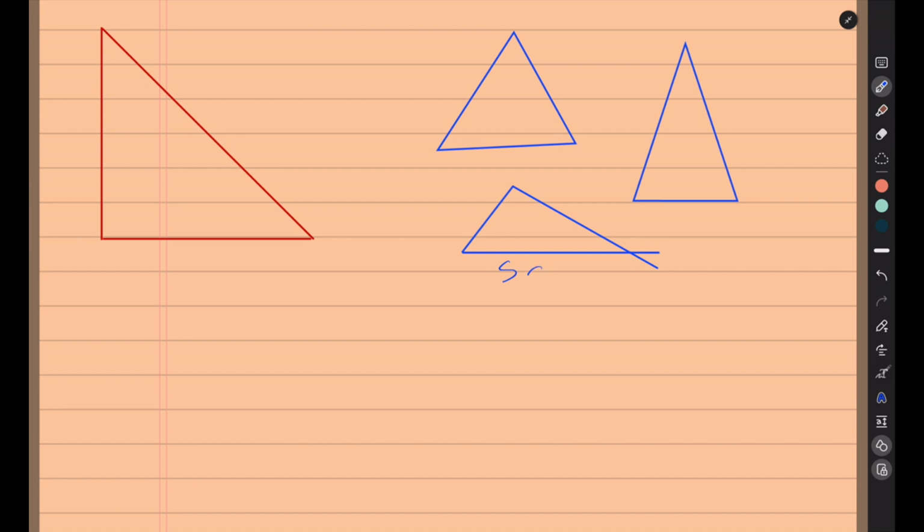Scalene means none of the sides of a triangle is equal. And then equilateral triangle means all the sides of the triangle are equal, isn't it?